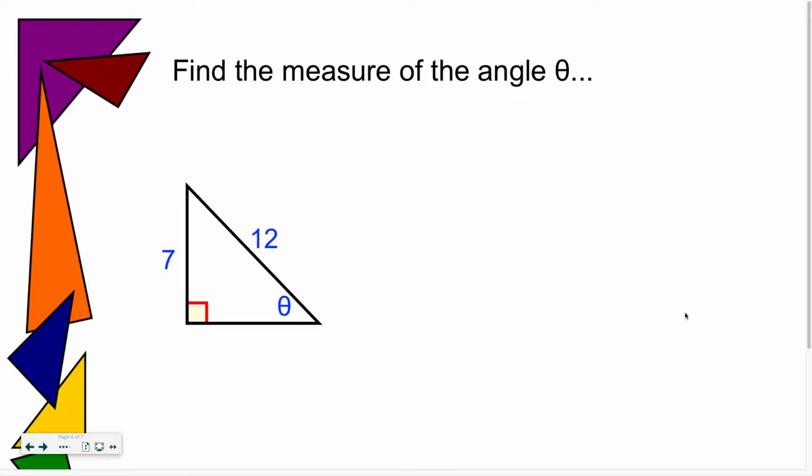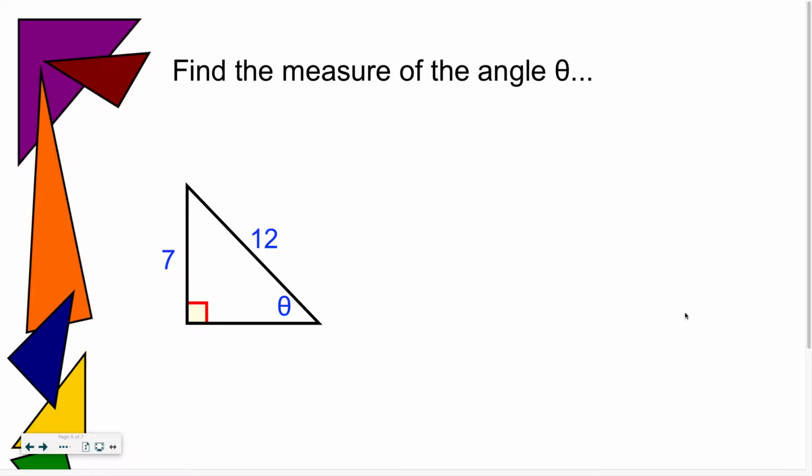This is probably very similar to what you did in geometry. So if you want to sketch a quick triangle in your notes. Now, I could ask you in this triangle to tell me all 6 trig ratios. What would you need in order to be able to do all 6 trig ratios? Pythagorean theorem to find the missing side, and then you just do SOHCAHTOA and flip them. However, I'm changing my direction.